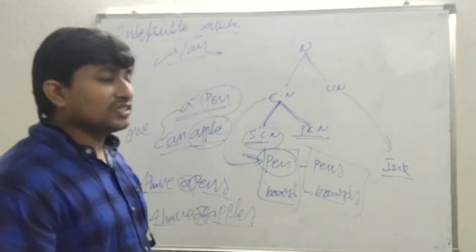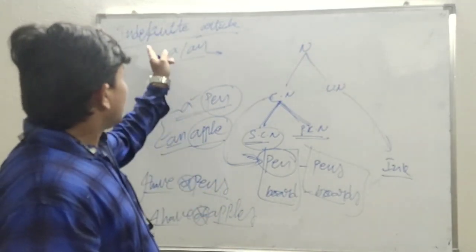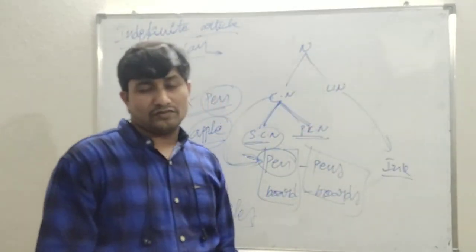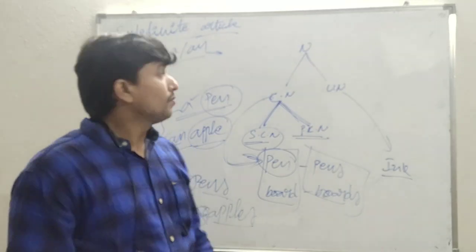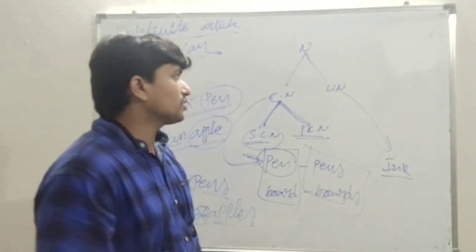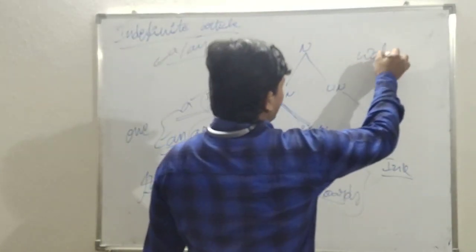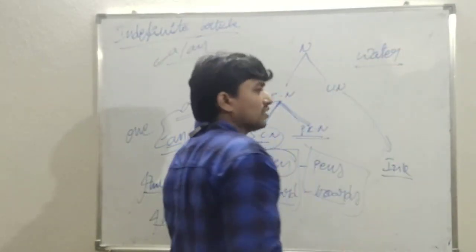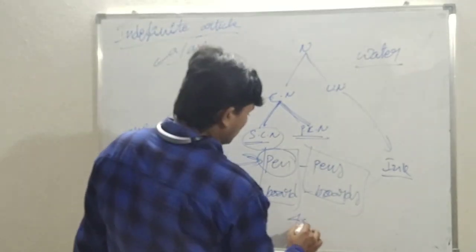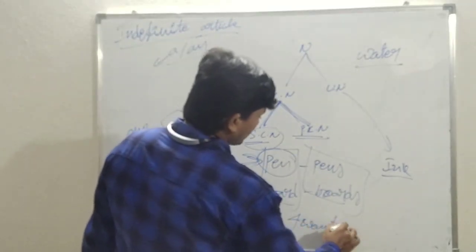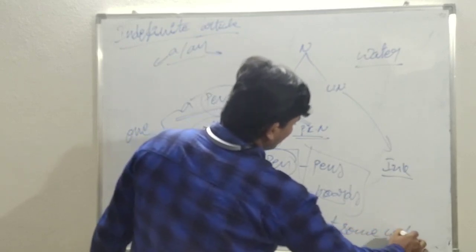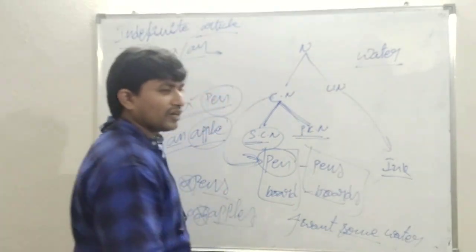And apart from this, the indefinite article cannot be used in front of uncountable nouns also. Suppose water. Water is a noun, but what kind of noun? Is it countable or uncountable? Uncountable. So here: I want some water. Some is not an article.